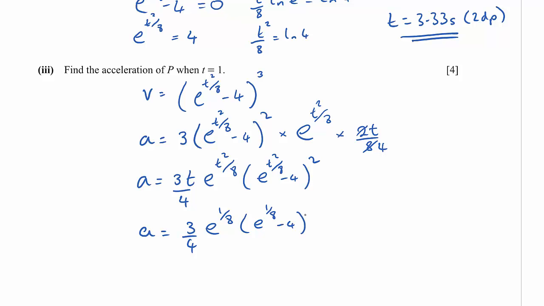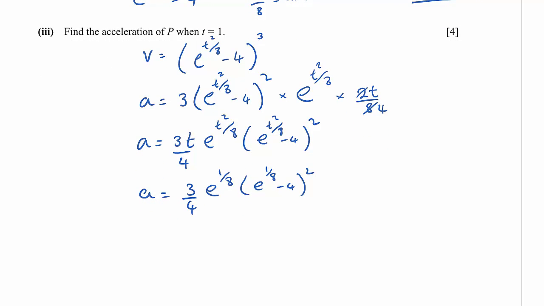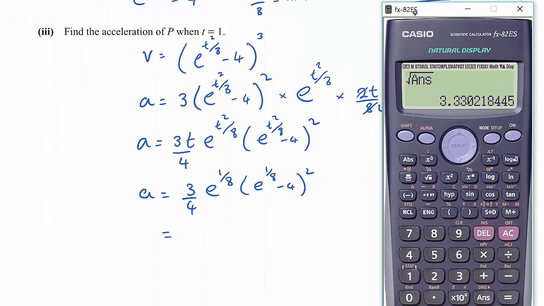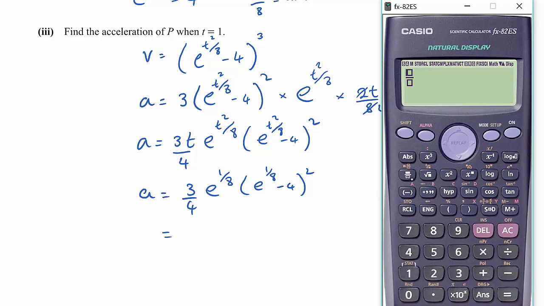So that's going to be 3/4 of e to the 1/8, e to the 1/8 take away 4 squared. And we just need to calculate that.